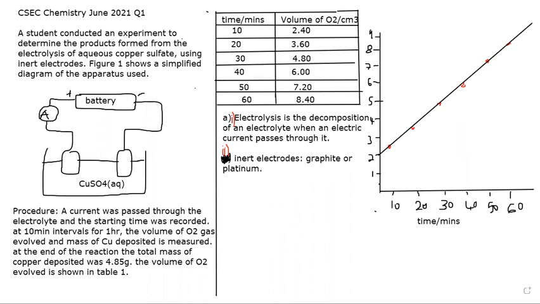B2 now is asking us to, let me just type it so it's there. It says use the graph to determine the time it took for 5.50 cm cubed of oxygen gas to be liberated. So if you want to do this, remember the y-axis is the volume of oxygen.